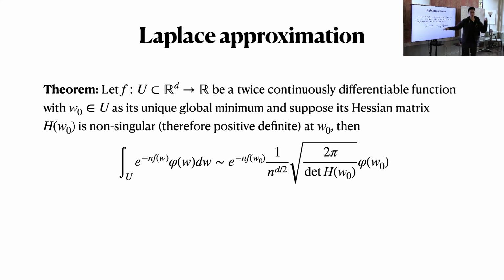Everything else gets exponentially suppressed. So this integral is e to the negative n f at the minima times some correction factor involving the curvature. This is the Gaussian curvature, the determinant of the Hessian, meaning the product of the eigenvalues, the product of the principal curvatures.